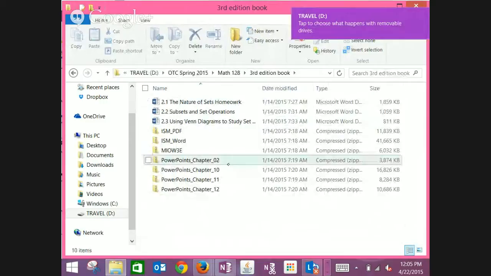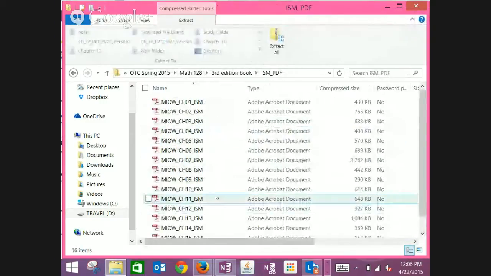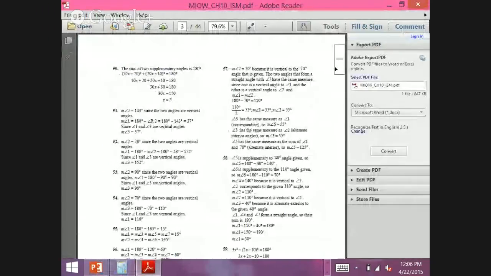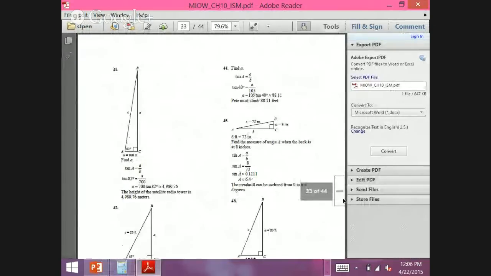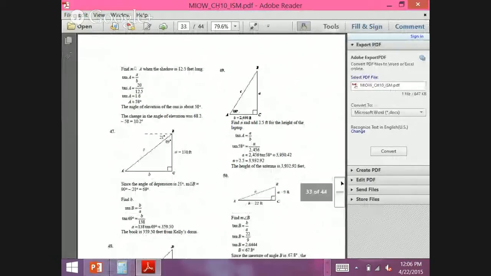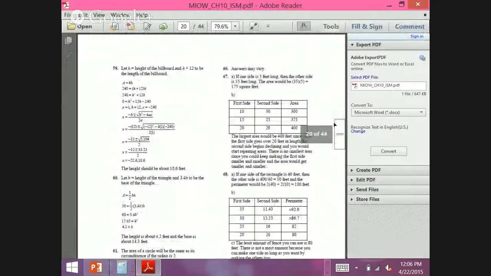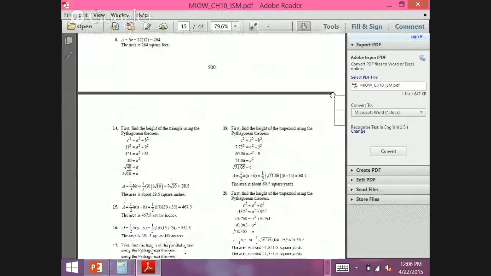We're looking for chapter 10, 10.4 or 10.5? 10.4, number 25.